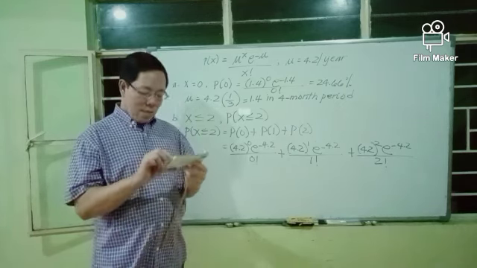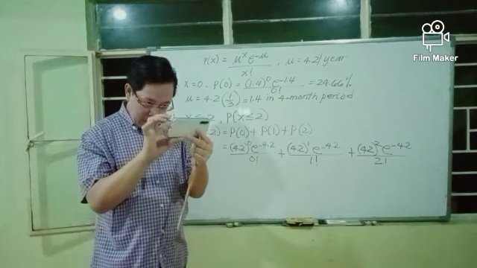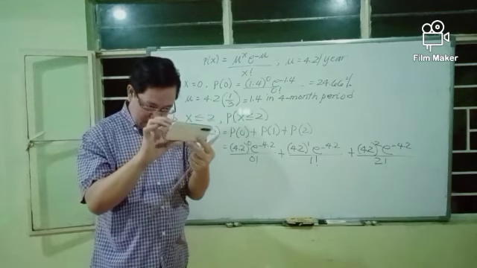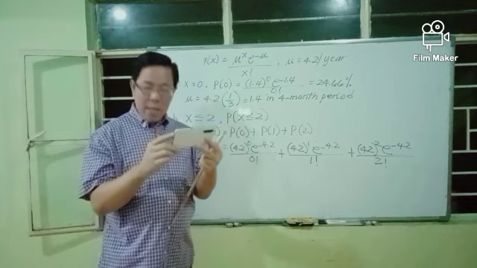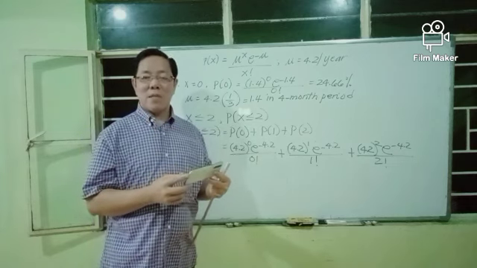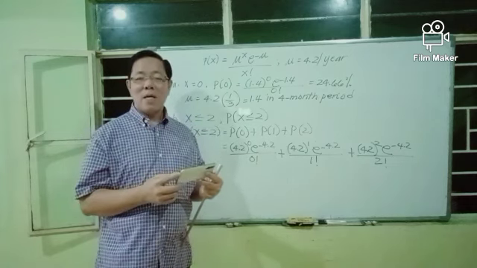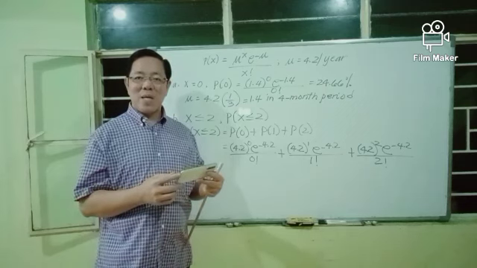We have e to the negative 4.2. And the answer in your calculator is a decimal number. Multiply that by 100 and round it off to 2 decimal places.